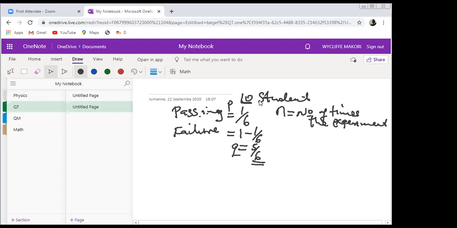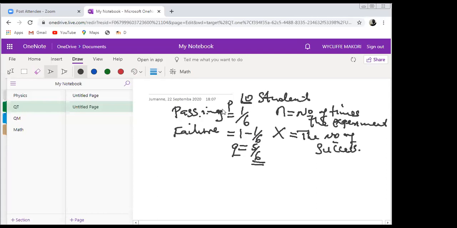In this case, it is 10. Now you can be asked this question: what is the probability that 6 students will pass that exam out of these 10? The 6 students, the number of successes in this case, is normally denoted by X. This is the number of successes.